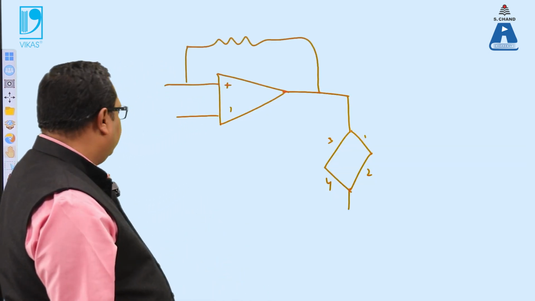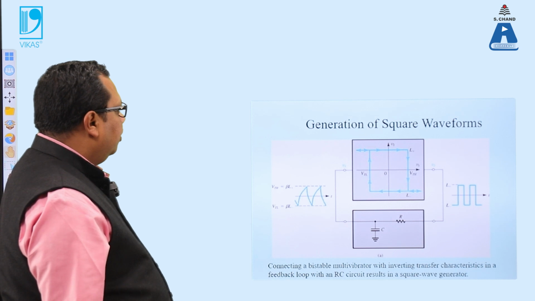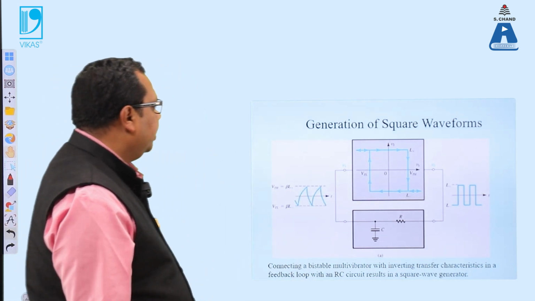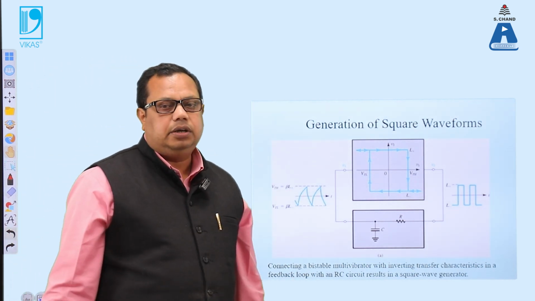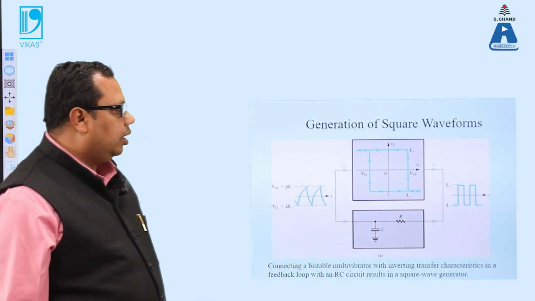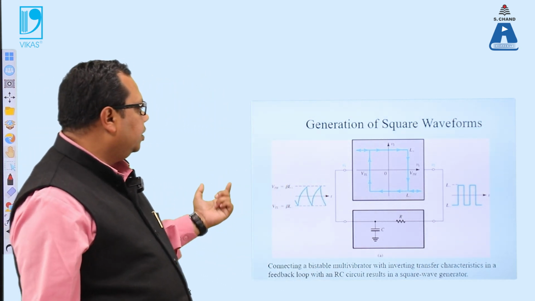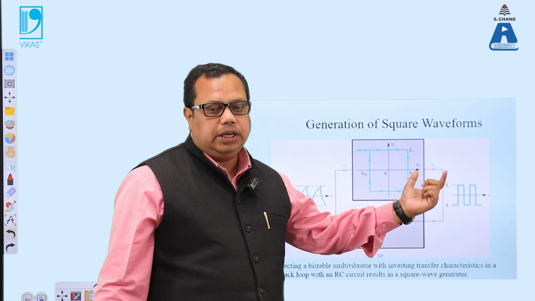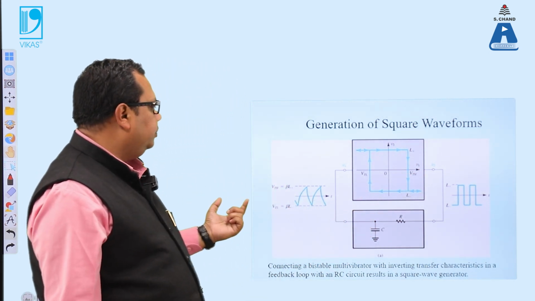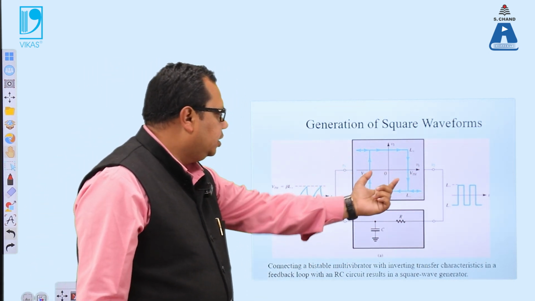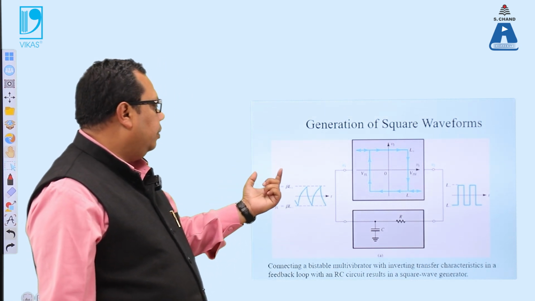Then we will move to the circuit which generates a square waveform. The square waveform, as we have studied in lower classes, is basically the conversion from analog to digital, how we come to a digital value when we start with an analog value.